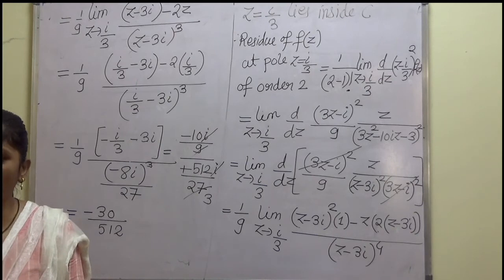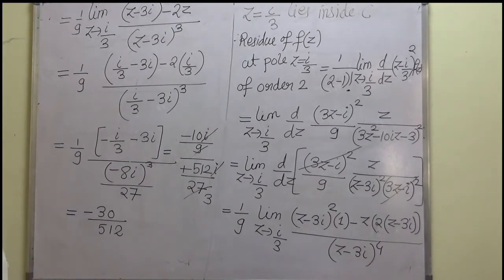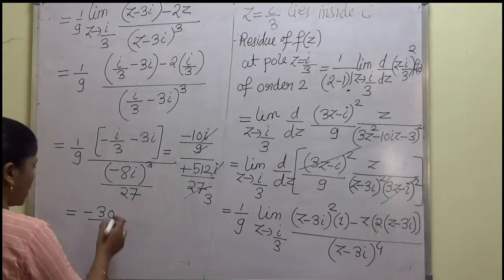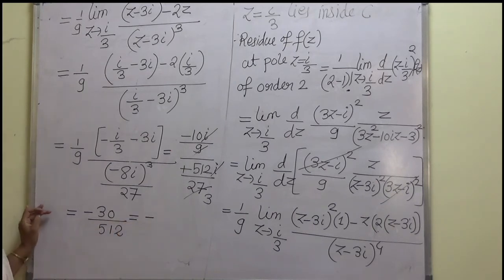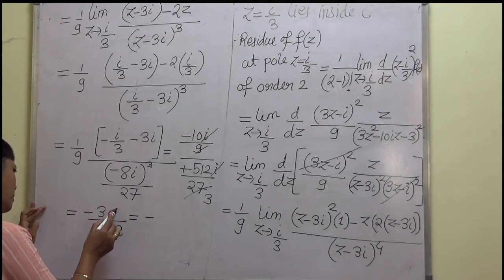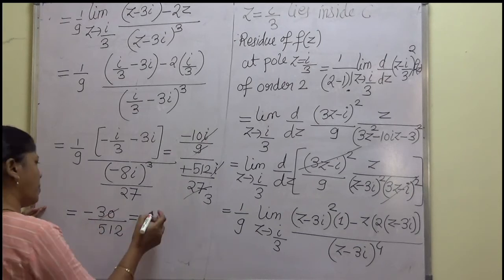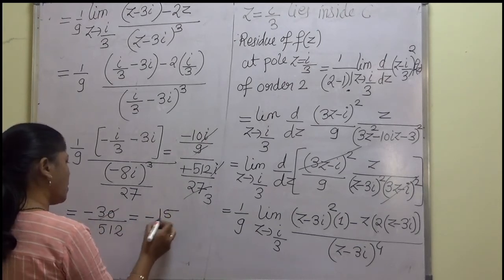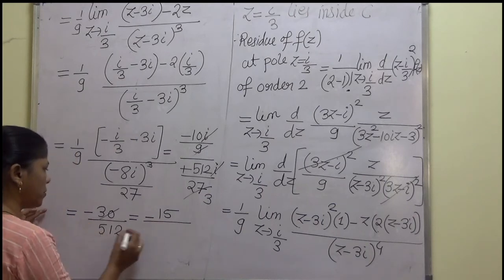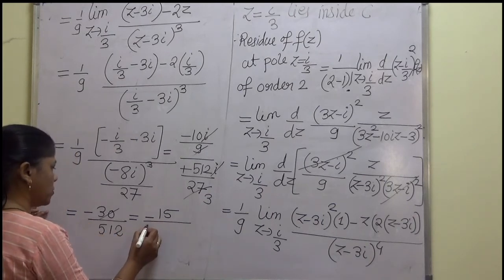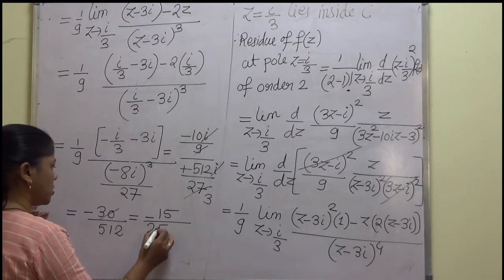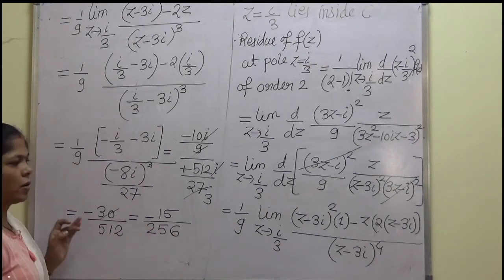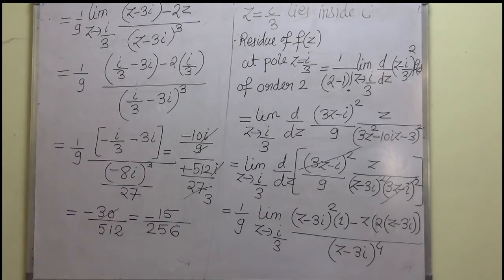Now again, you can reduce this as minus 15 upon 256 is the simplification.